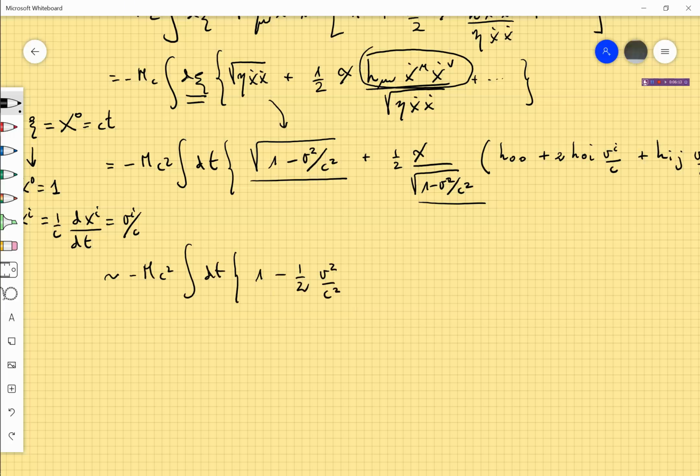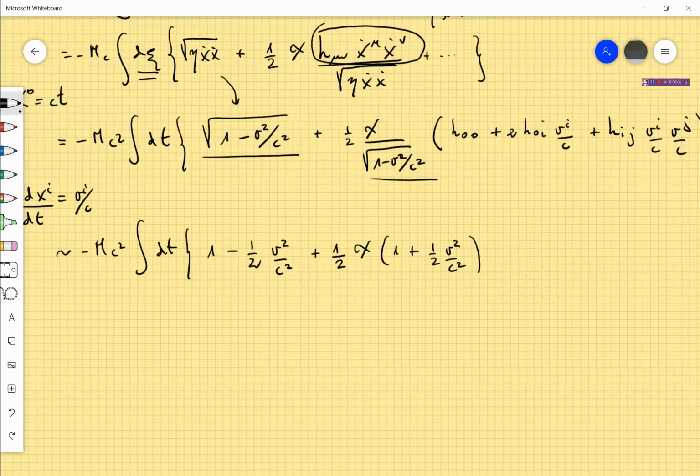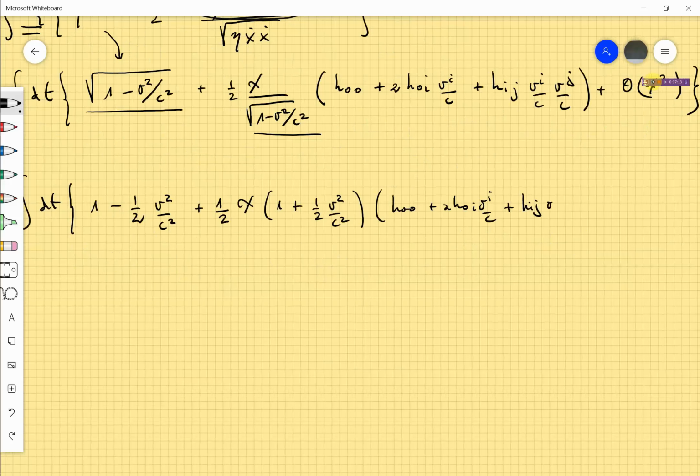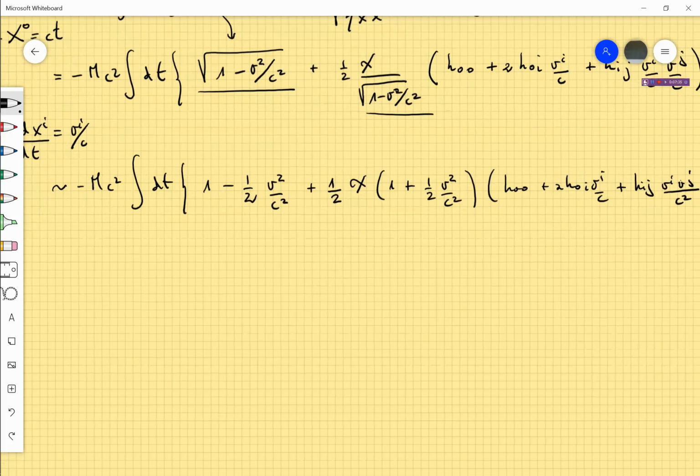So first we have this term, plus terms of second order in v, plus a half chi times 1 plus v squared divided by c squared plus terms of higher order in v, and then all these terms with h00 plus 2 h0i v^i divided by c plus hij v^i v^j divided by c squared, plus terms of higher order in chi and so on. Let me multiply everything inside by mc squared.